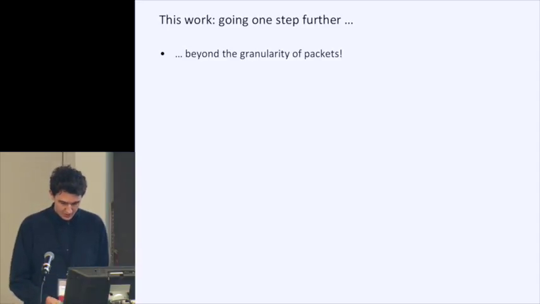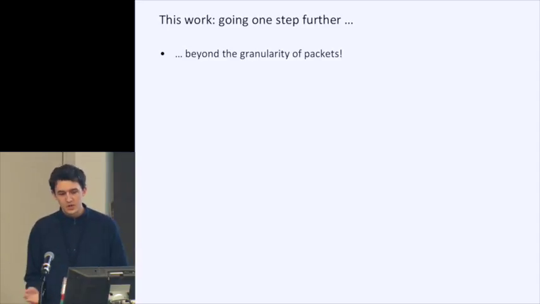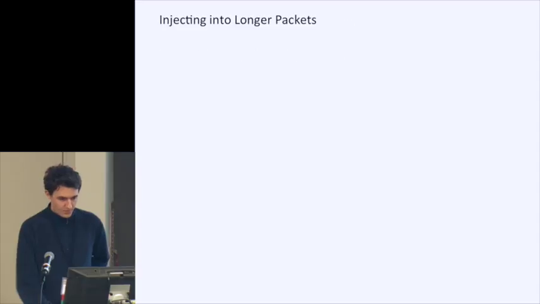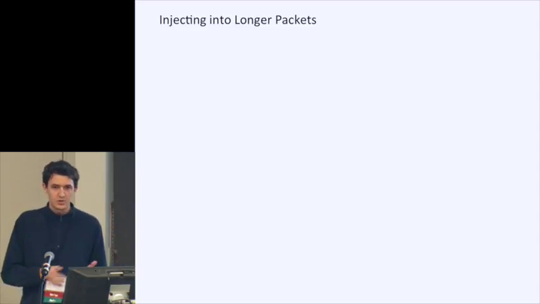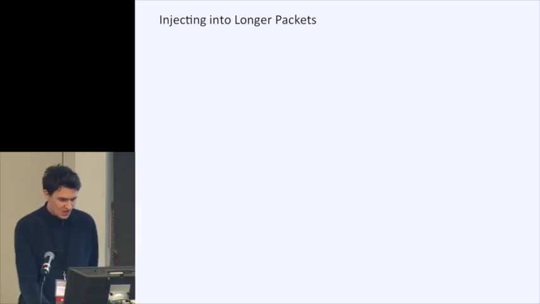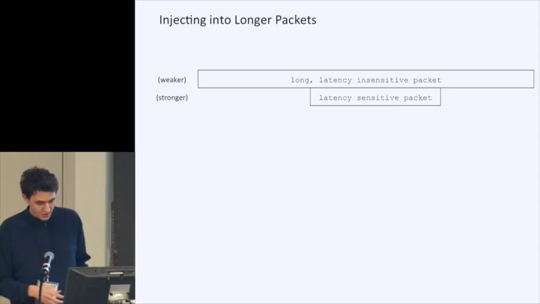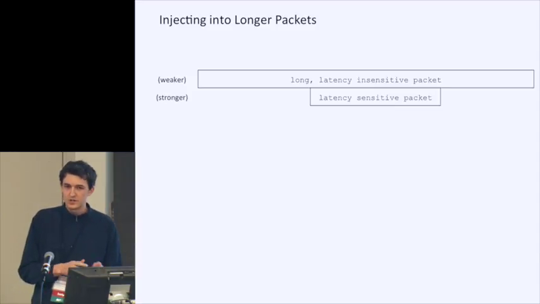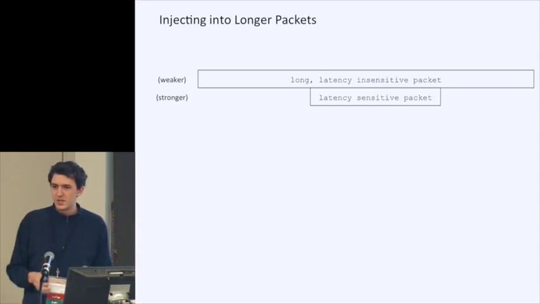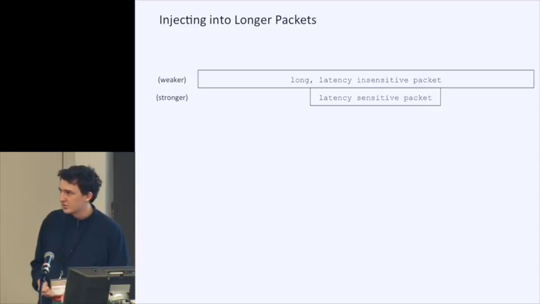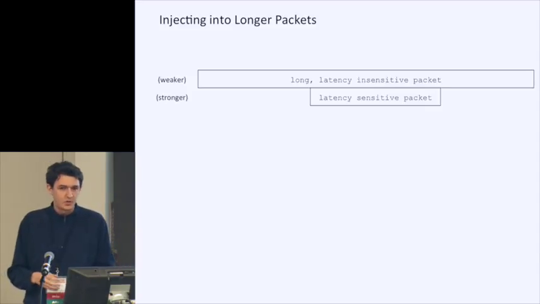Okay, so now we want to get rid of this. If we ignore the packet boundaries, one of the first things that came to our minds was, how about we inject a short packet into a longer packet? Something like this. On top you have the weaker packet, and below it the stronger packet. The weaker packet is a lot longer, and it contains some latency insensitive data, for example some bulk transfer of data, and if one packet gets lost, it will be resent.